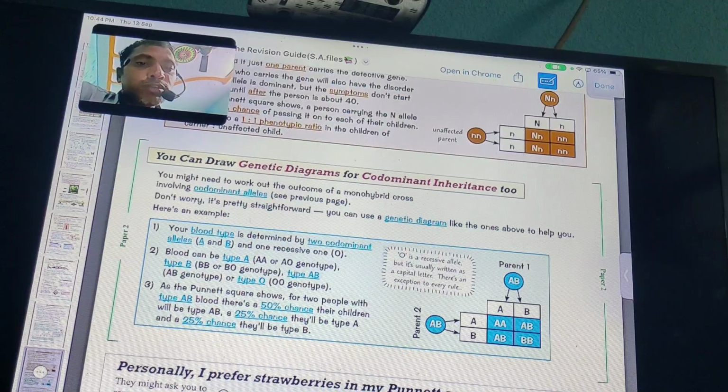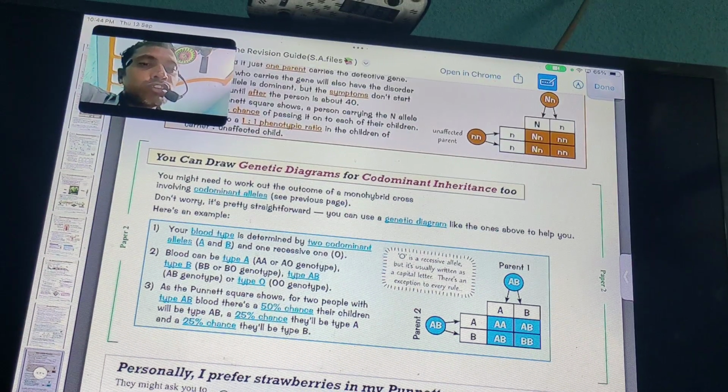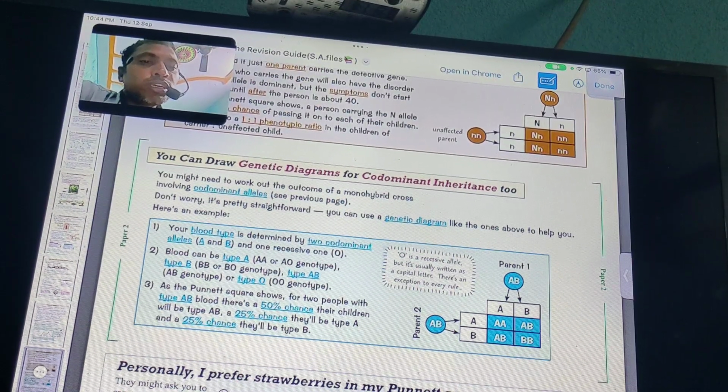The blood group also works this way: A O genotype, B O genotype. These are the same genotype.